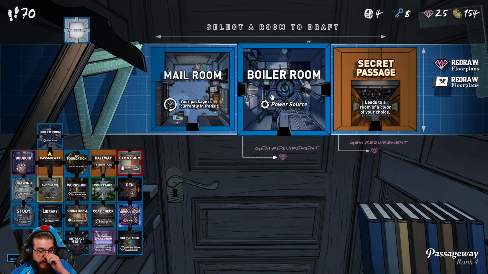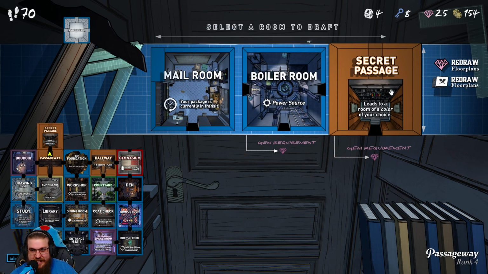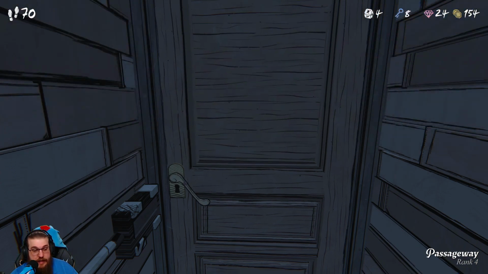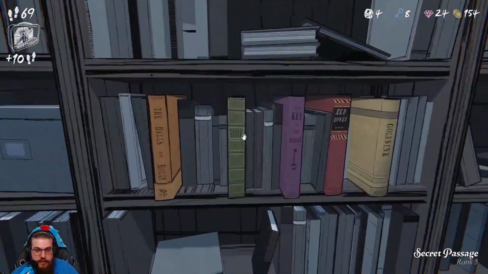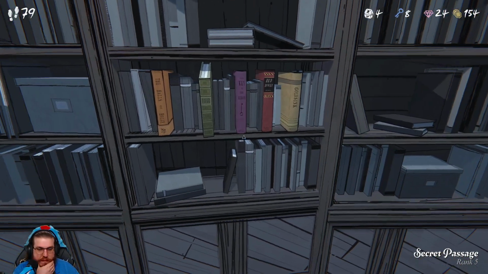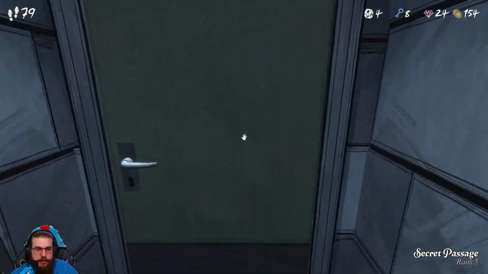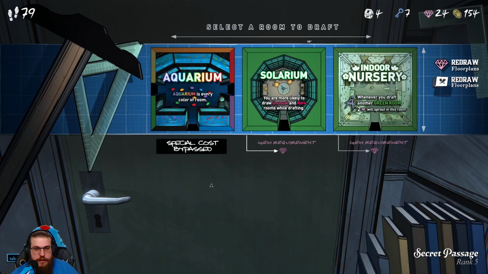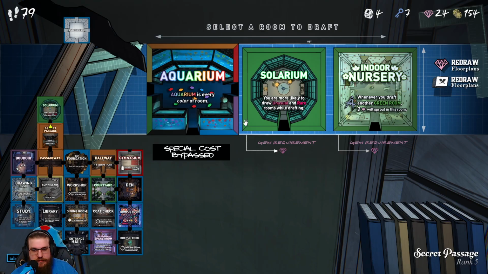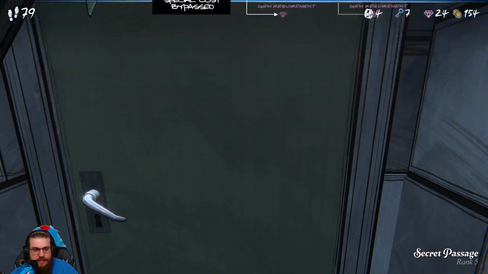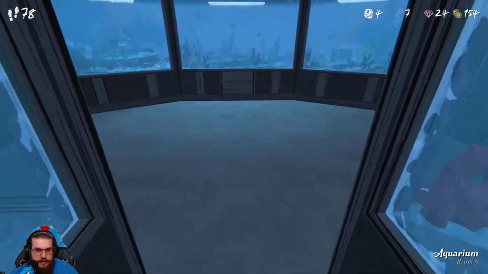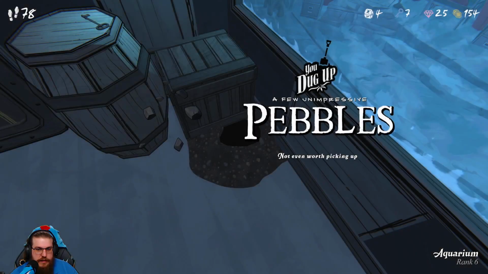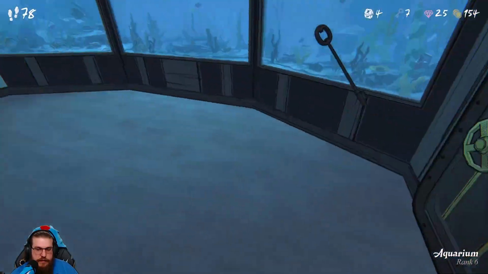No locked doors today, huh? I came prepared, and the game's like, you over prepared. Now, see, now we secret passage to green. We get a free cloister. Never lucky. Never fucking lucky, man.